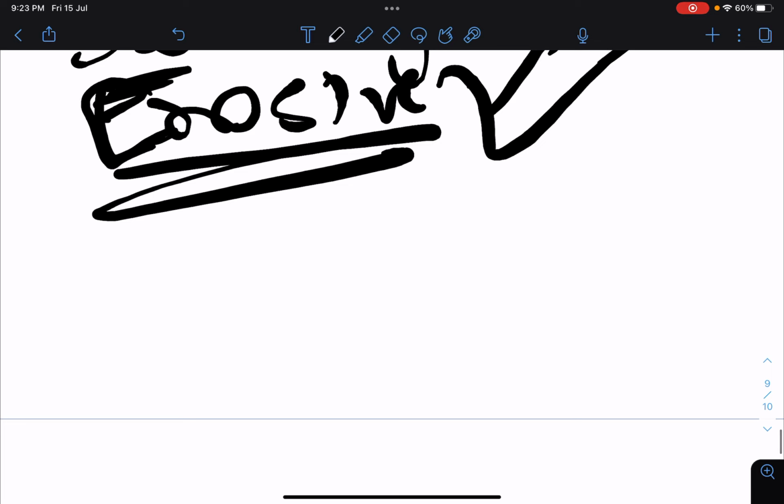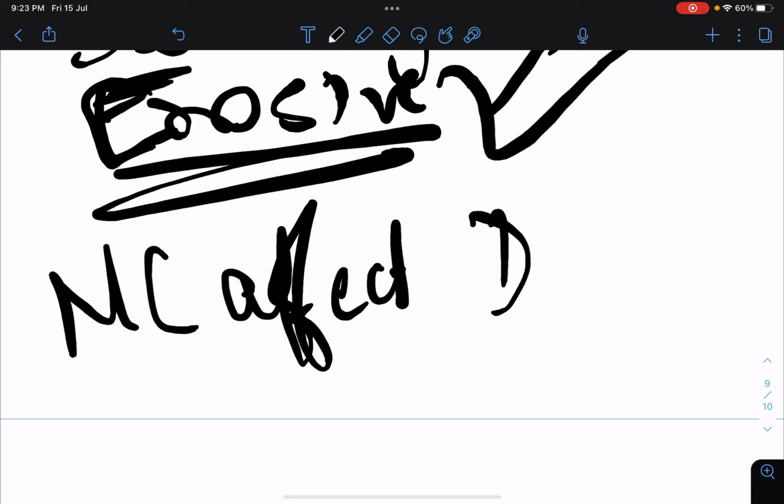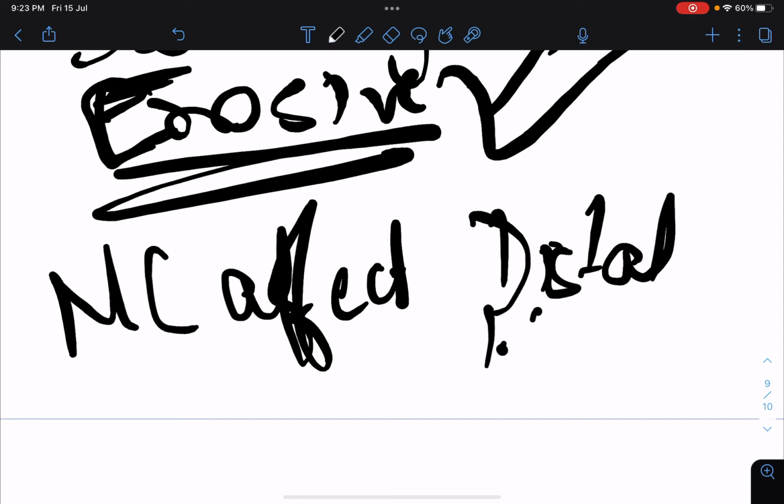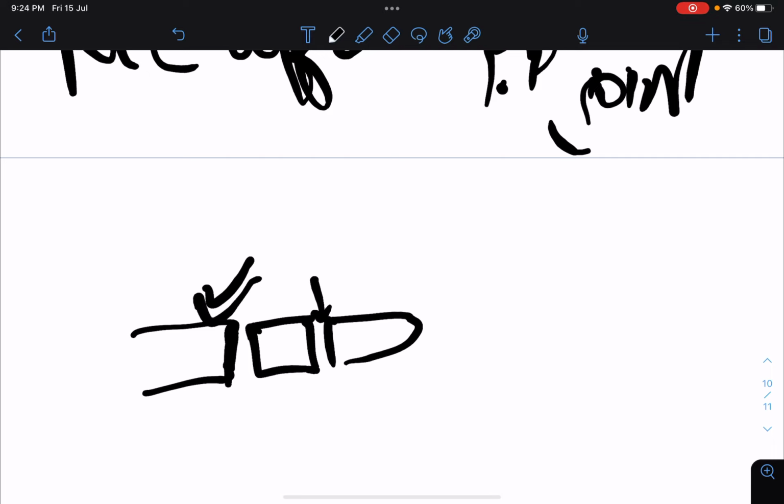Basically, in your digits, the most commonly affected joint is your distal interphalangeal joint. So let's say this is your proximal phalanx, this is your middle phalanx, and this is your distal. This joint is good, but this joint isn't.